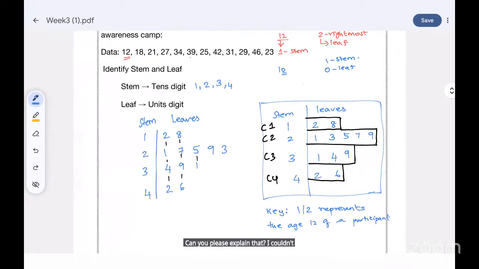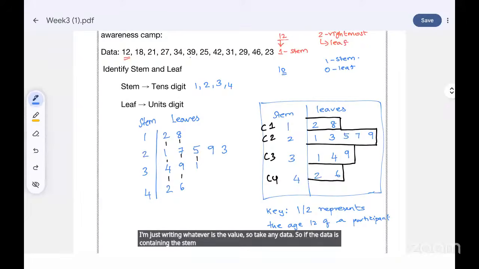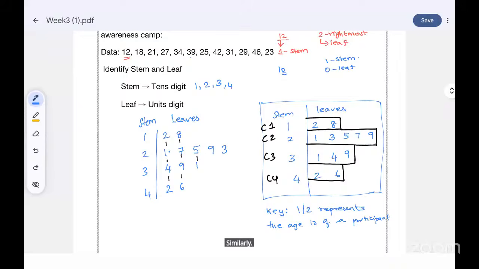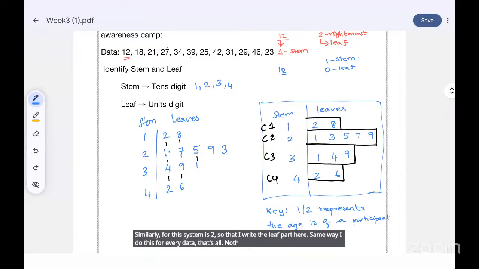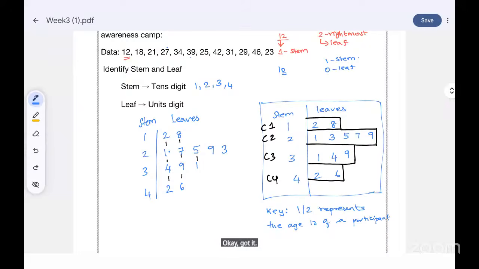So you are asking about 1, 7, 5, 9, 3, how did I write it here? Yes. I'm just writing whatever this value is. Take any data. If the data contains the stem as 2, then I write the remaining leaf part here. Similarly, for this, the stem is 2, so I write the leaf part here. Same way I do this for every data. That's all. Nothing big here. Okay, ma'am, got it.